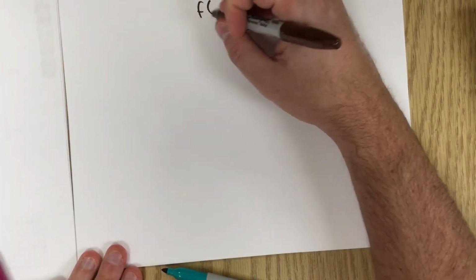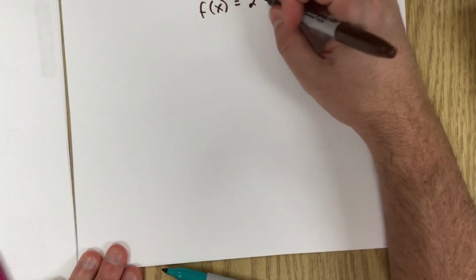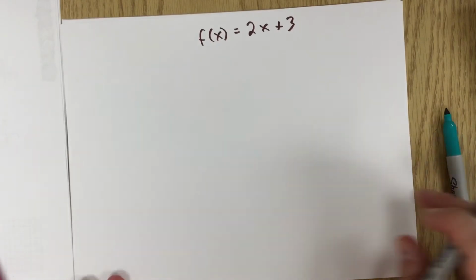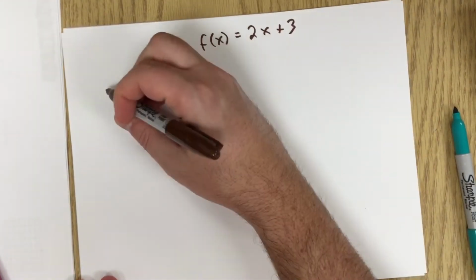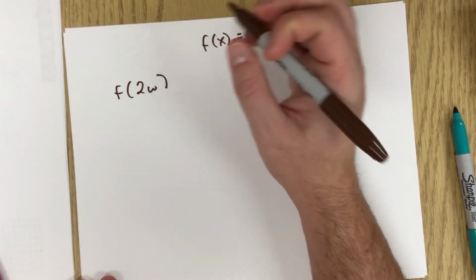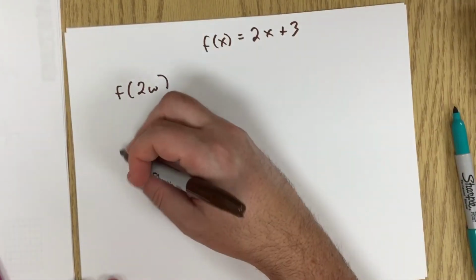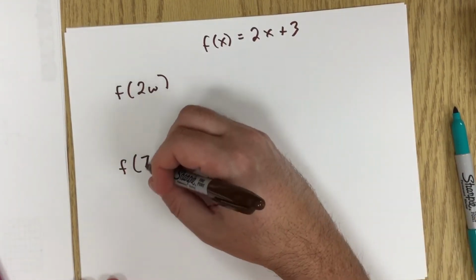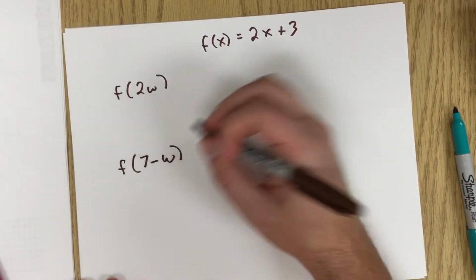As a reminder, f of x is 2x plus 3. We're going to stick with that for now. So what would f of 2w be? And f of 7 minus w?